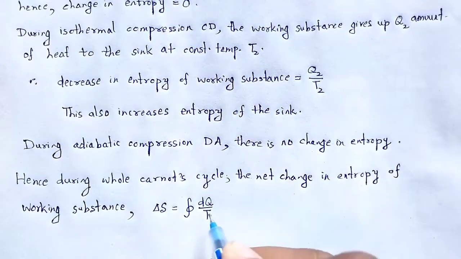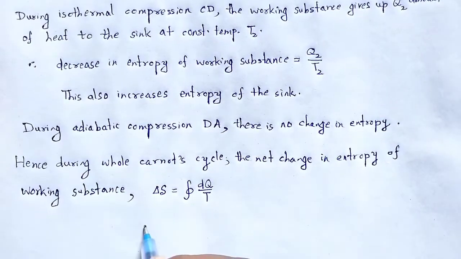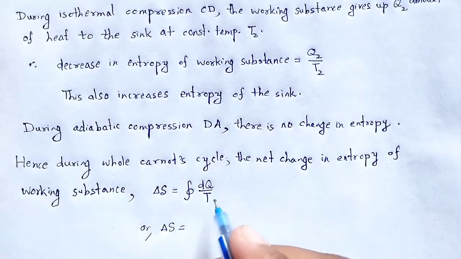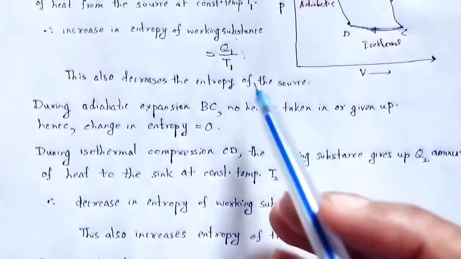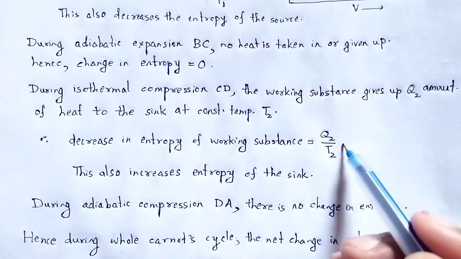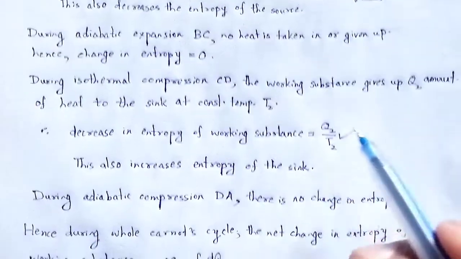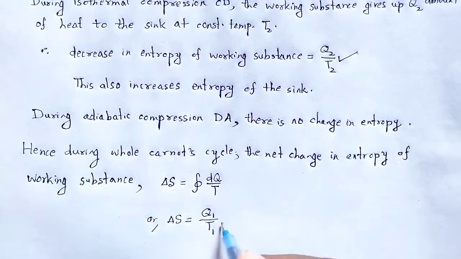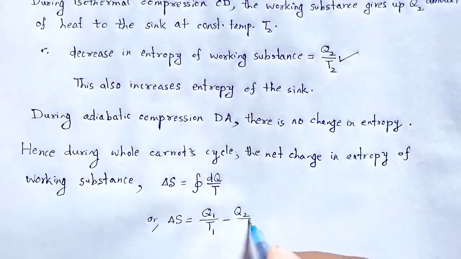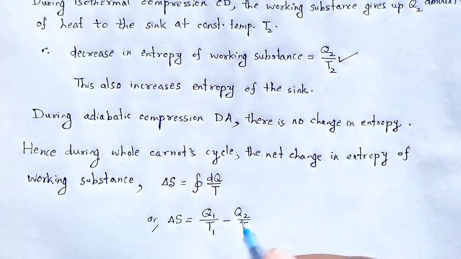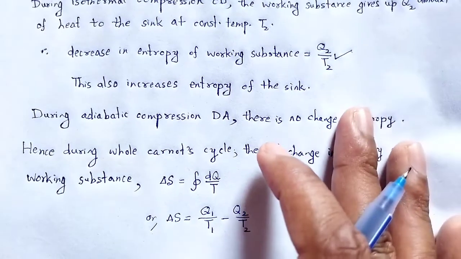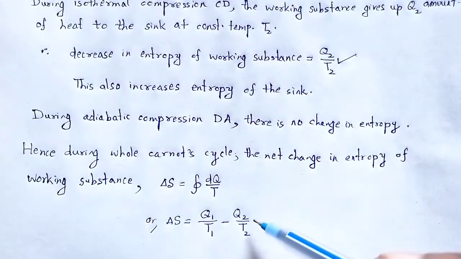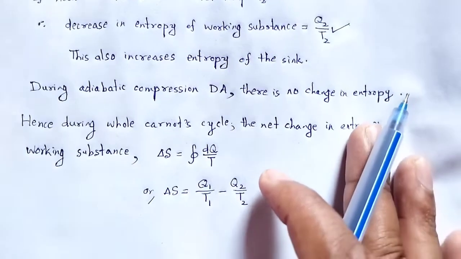dq by T. So del S is equal to the summation, that is Q1 by T1 minus Q2 by T2. Here we use the sign convention that an increase in entropy is taken as positive and a decrease in entropy as negative.